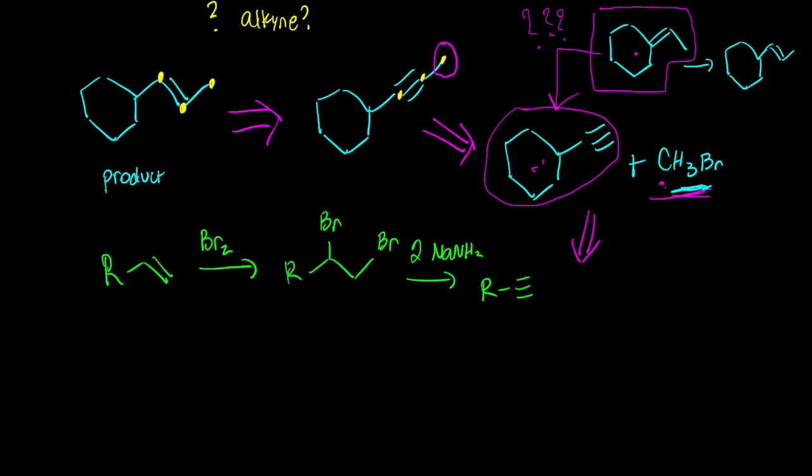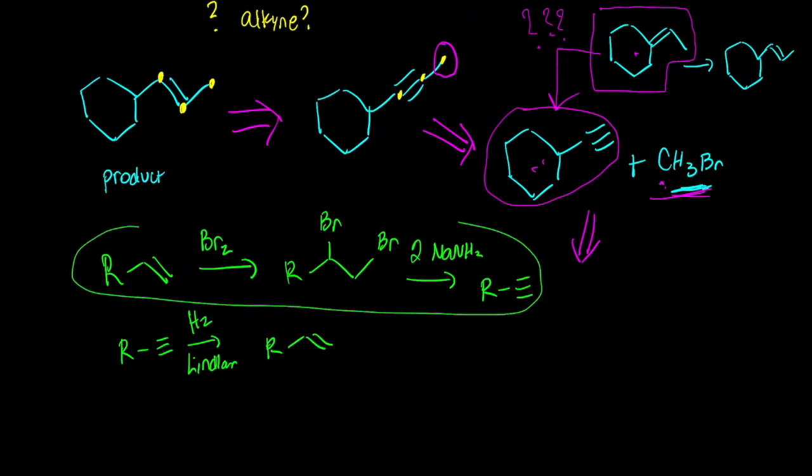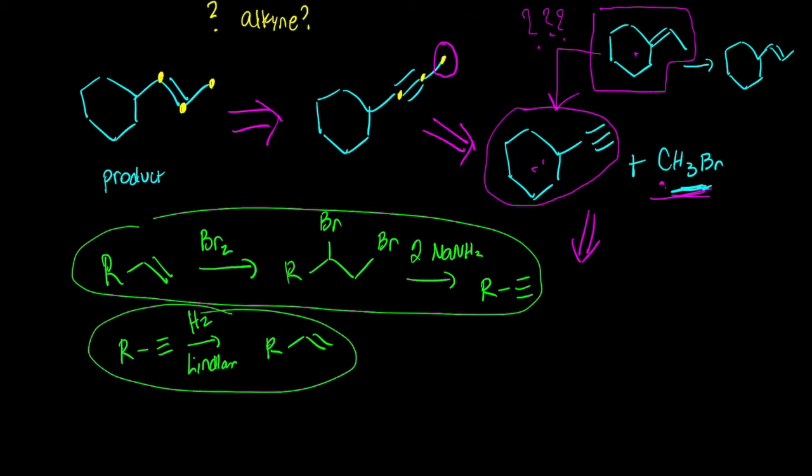Okay. And then we saw ways to change alkynes into alkenes by different ways, like hydrogen with Lindlar catalyst, to give you alkenes. So we know how to change an alkene to an alkyne, and we know how to change an alkyne to an alkene.